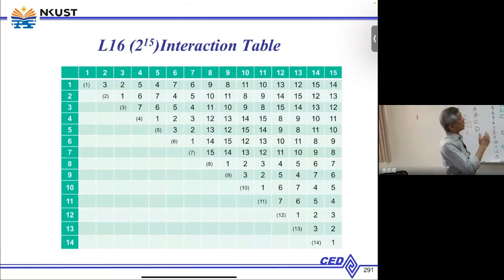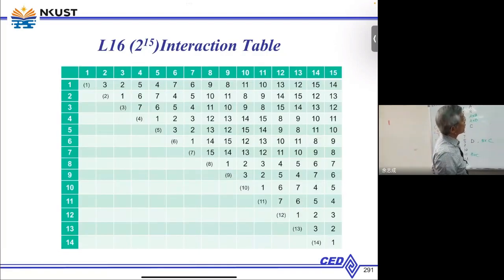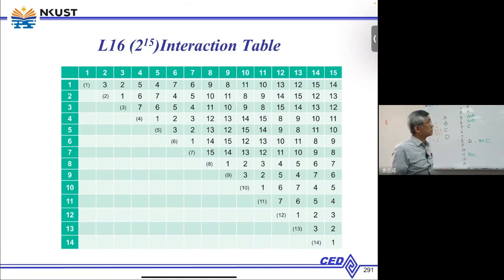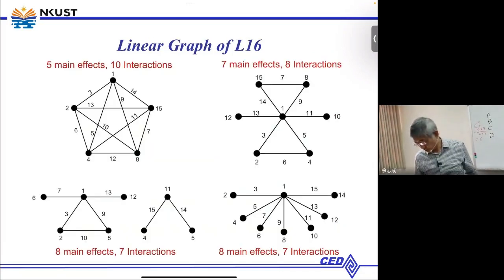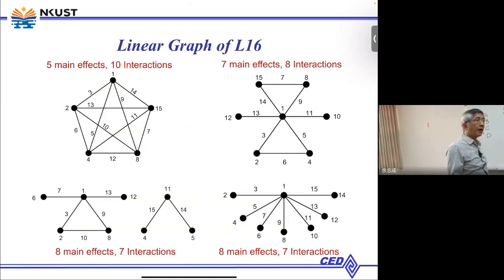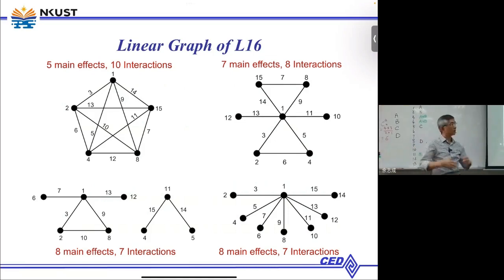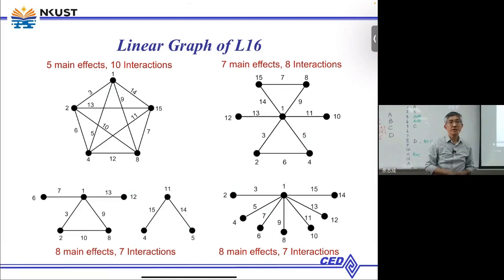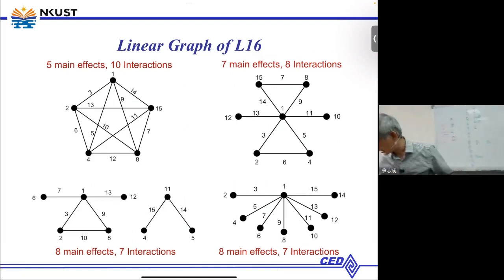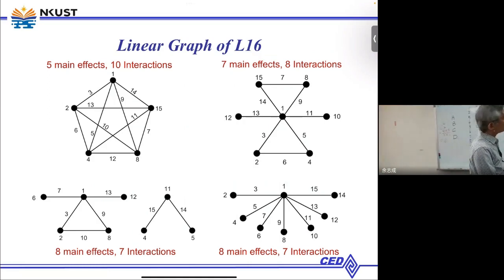And this is the L16 interaction table, and you can find the corresponding linear graphs for L16. You can see there are 4 different types of linear graph for L16, and you can select a linear graph for different purposes.